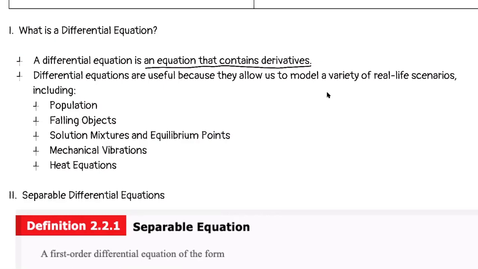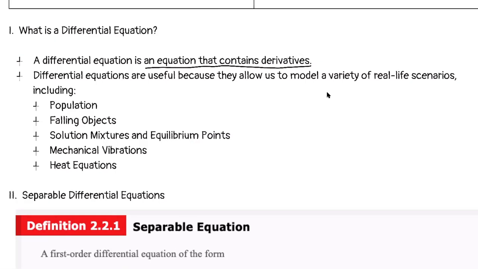Now, differential equations are particularly useful because they allow us to model a lot of different real life scenarios. We're really getting to the point where it's no longer like in elementary school when your teacher was like, okay, we're going to use equations to find out if you have 5 cookies and you want to split them up amongst your friends. That's one valid use of math.